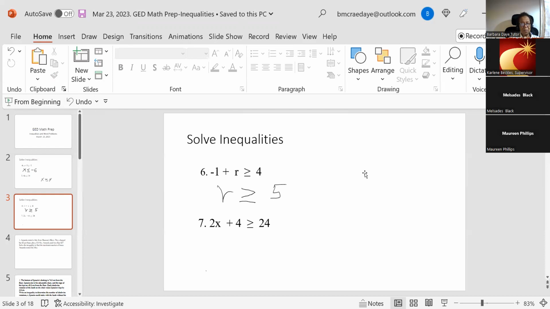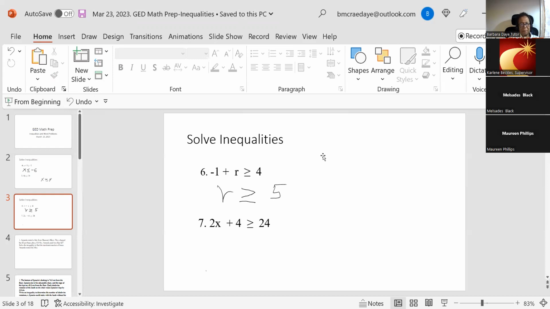Mercedes, if I want to get rid of my -1 with my plus 4, what do I have to do? Add the 1 to both sides. A -1 plus 1 is 0. And if I add 1 over here on the right, what's 4 plus 1? 5.